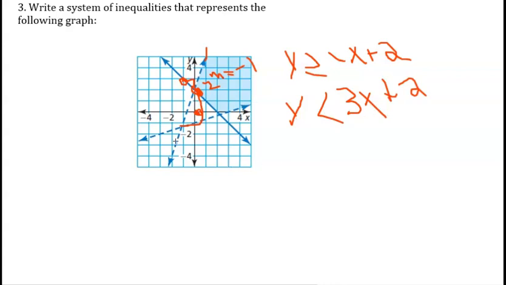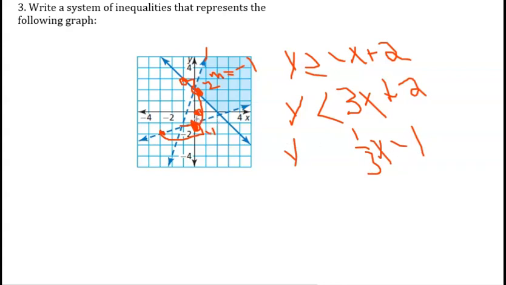And then we'll do the last line. Our y-intercept for this one is negative 1. Find the slope of the 2 points. You get 1/3. So we have y is something to 1/3 x minus 1.